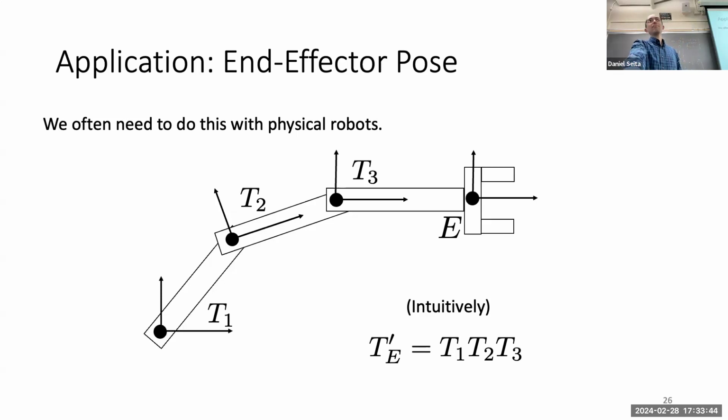Then to find the pose of the end effector, you would just multiply them together. Why is knowing the pose of E important? If you have a robot gripper like that, we usually care about where the end effector is. The other joints are important, but as long as the end effector is where it needs to be, that's the main thing we care about.